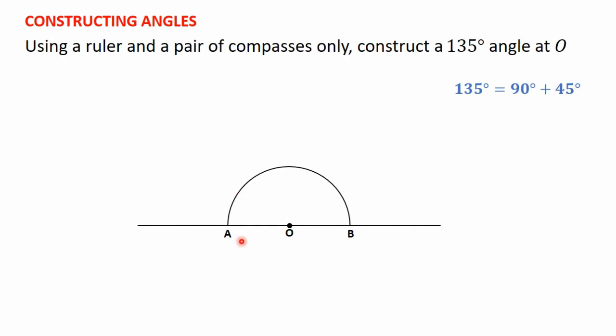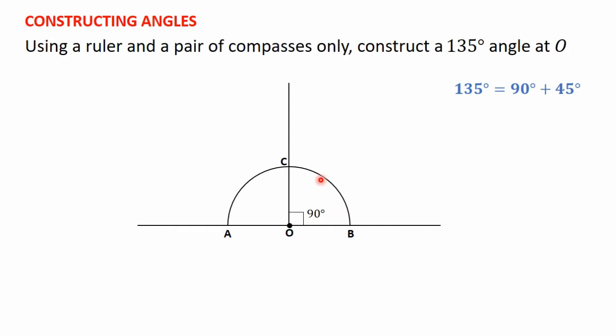When we bisect the 180 degrees, we are going to get a 90 degrees angle. So when we bisect the semicircle here, this angle will give us 90 degrees. Let's call this point here point C. We can say that angle COB is 90 degrees.